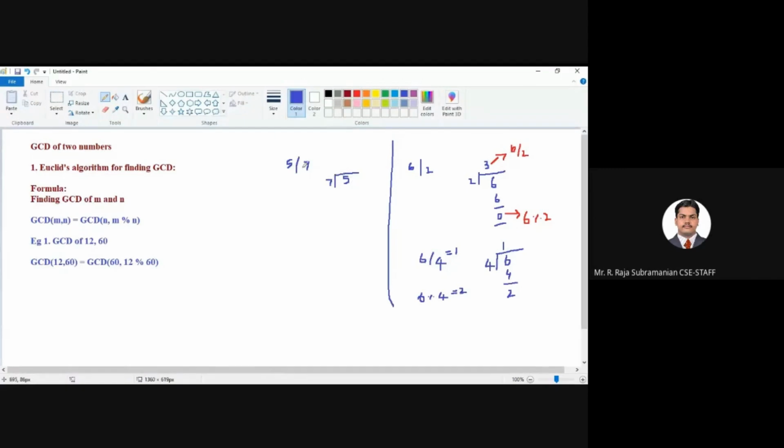Because the divisor is greater than the numerator. If the denominator is greater than the numerator and you use the division operator, the answer will be 0. What will be the remainder? That is the modulo operation. If the denominator is greater than the numerator, I get the numerator directly as the result.